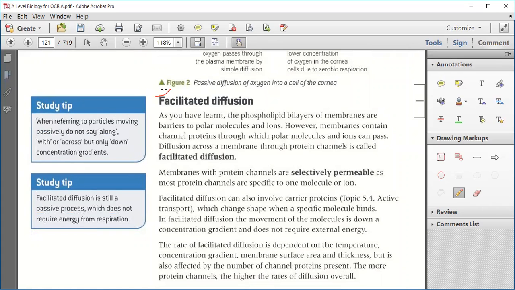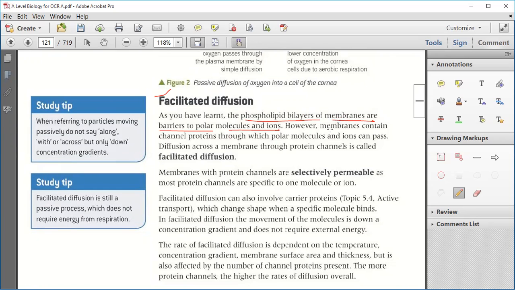Now we will see facilitated diffusion. As you have learned, the phospholipid bilayer of a membrane is a barrier to polar molecules and ions. So it will not allow each and every polar molecule or ion to move through it.